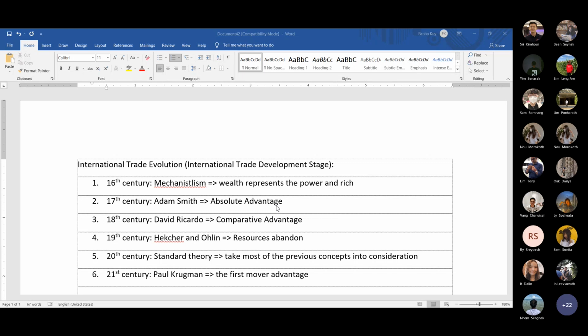I will reallocate my production and spend more time producing good A, and Kim Hua will reallocate his production resources too, spending more time producing good B, and then we do the trade of good A and good B. At the end of the day, I can consume more good A and good B, and Kim Hua also can consume more, instead of each party producing both goods at the same time. That is the absolute advantage picture.